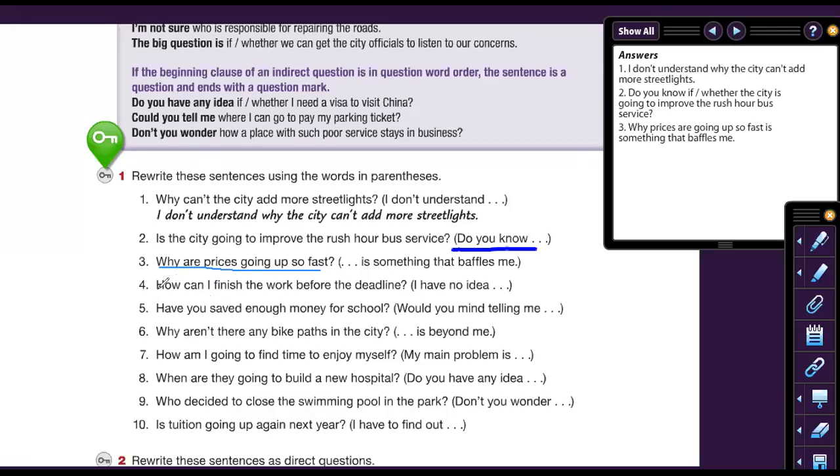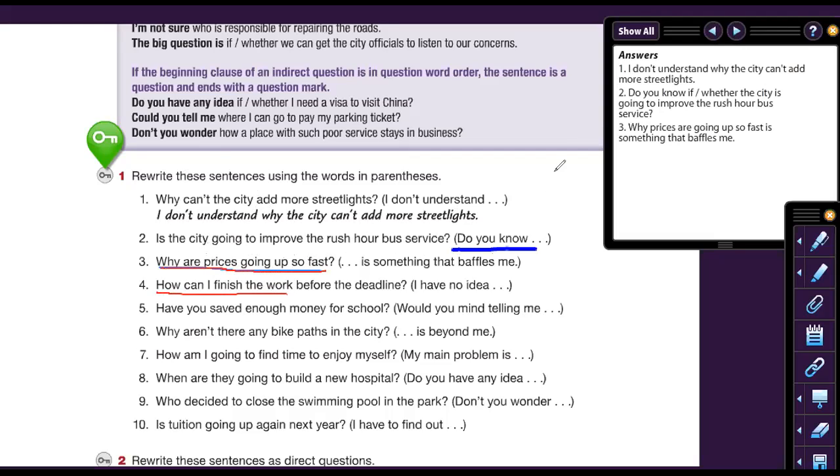We have here, this is the question order, okay? How can I finish the work? That's the question order. Then you're expected to answer, you have to do this and that. But when you use the indirect, the complex, simple, indirect question form, we are in the second one. This is the question word order: why are prices going up so fast?